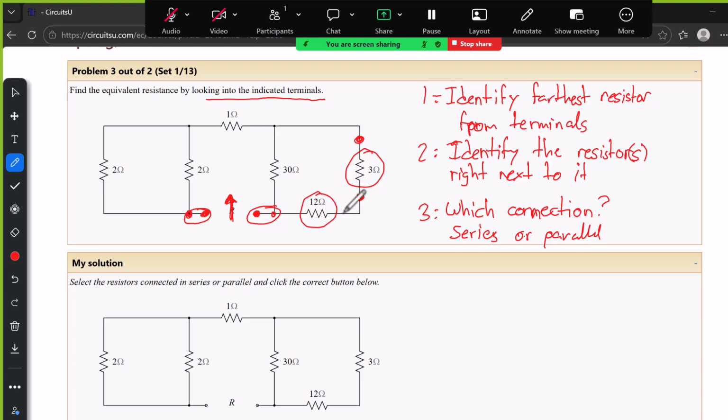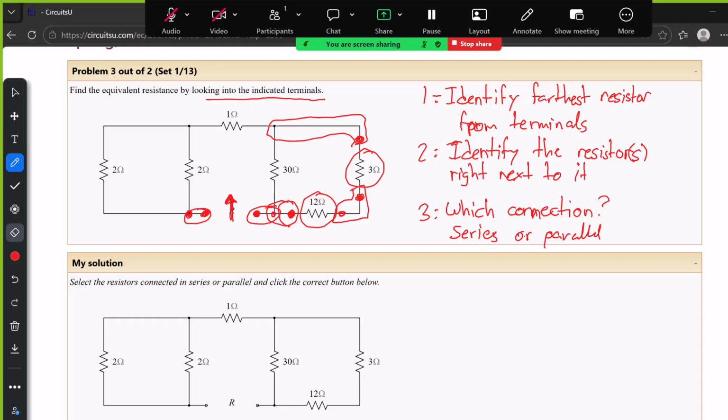And this 12 ohms resistor has the terminals here. Now notice that the terminals between the 3 ohms and the 12 ohms are shared here, but the other terminal on the other side, they are not shared. They are shared by another resistor, which in this case is the 30 ohms.